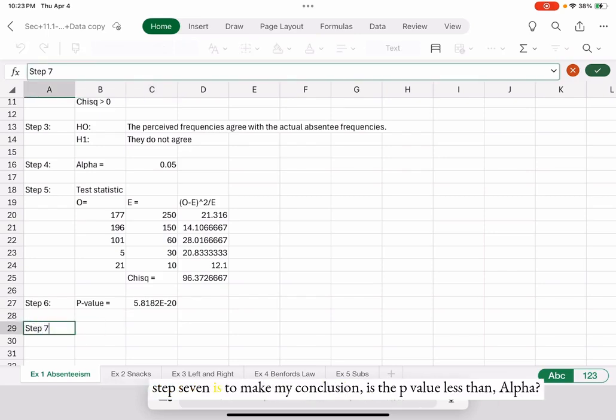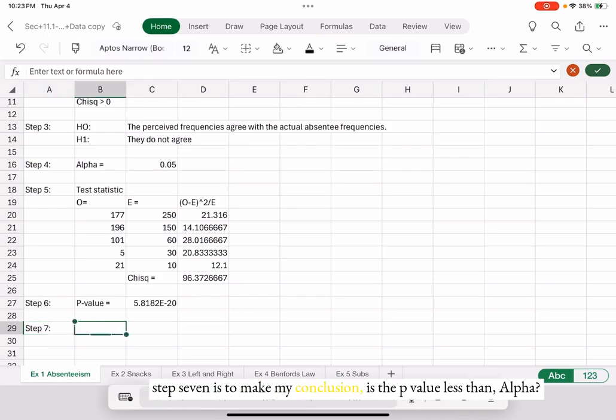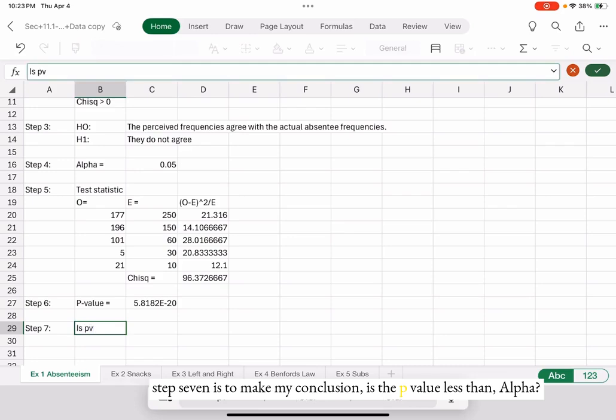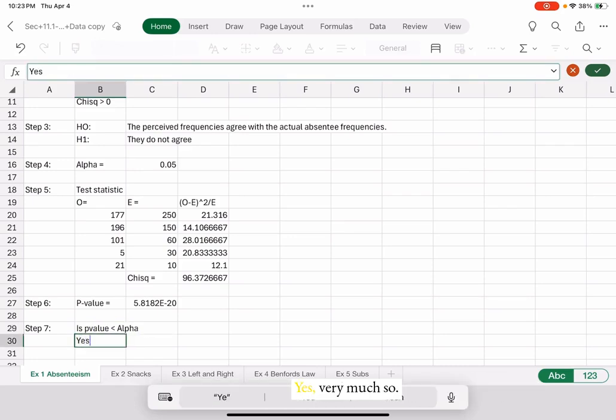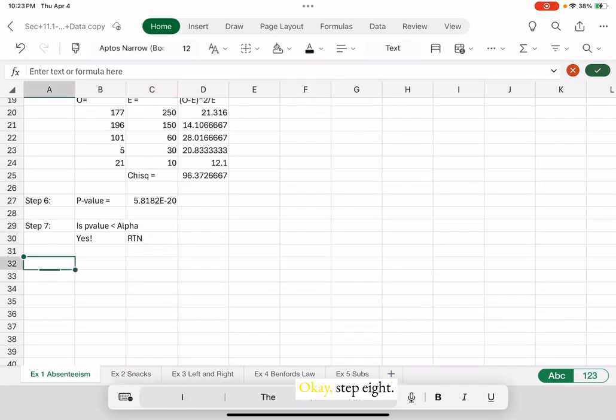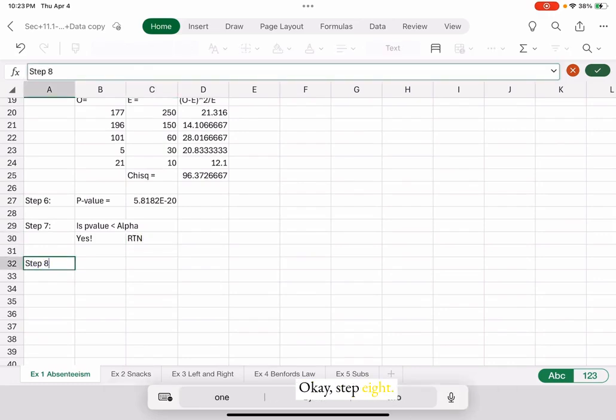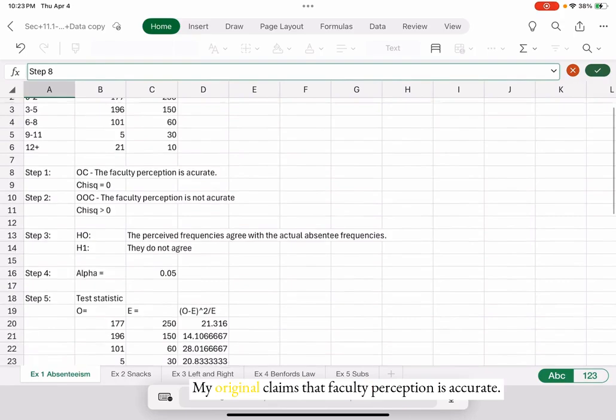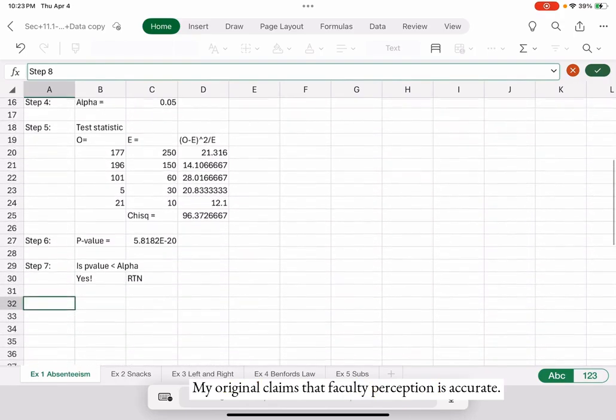Step 7 is to make my conclusion. Is the p-value less than alpha? Yes, very much so. So I reject the null. Okay, step 8. What do I say then? My original claim is that faculty perception is accurate.